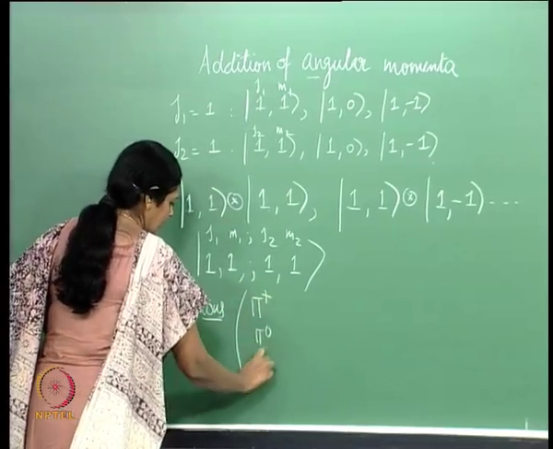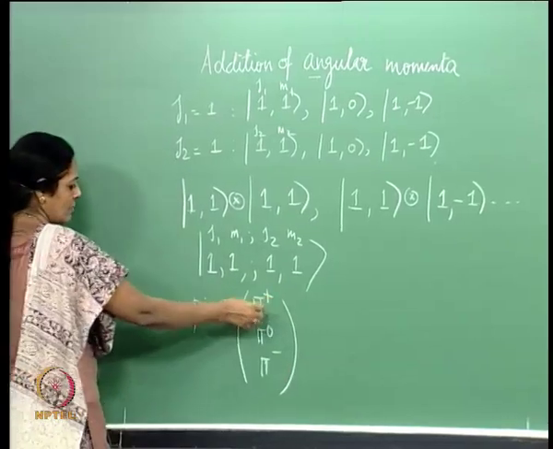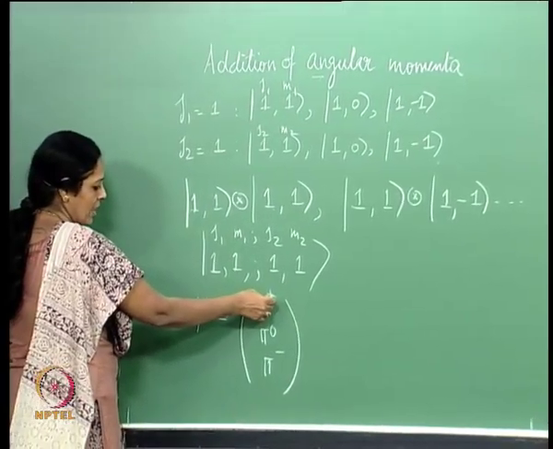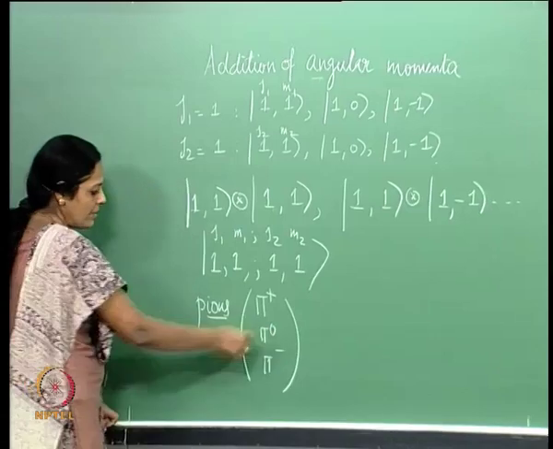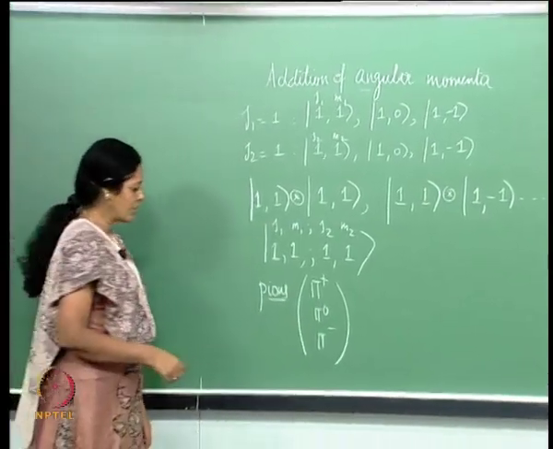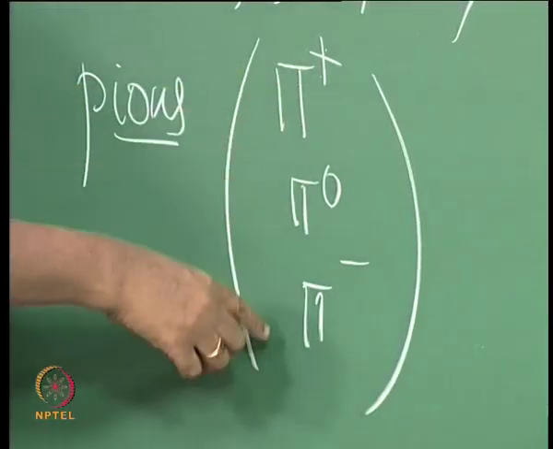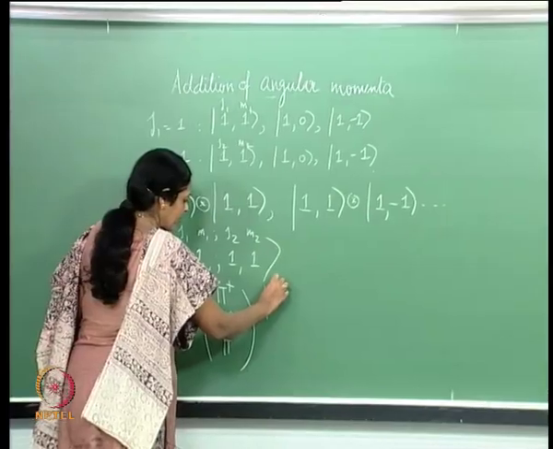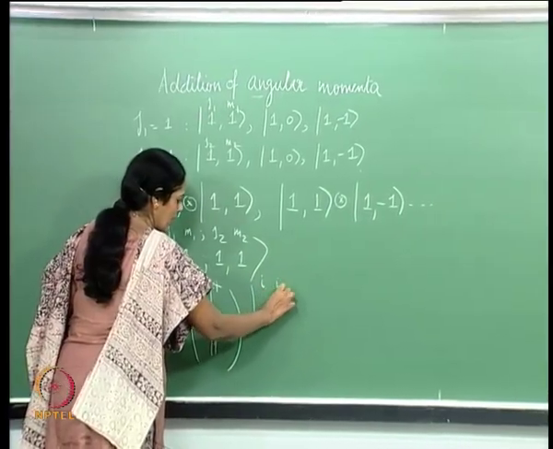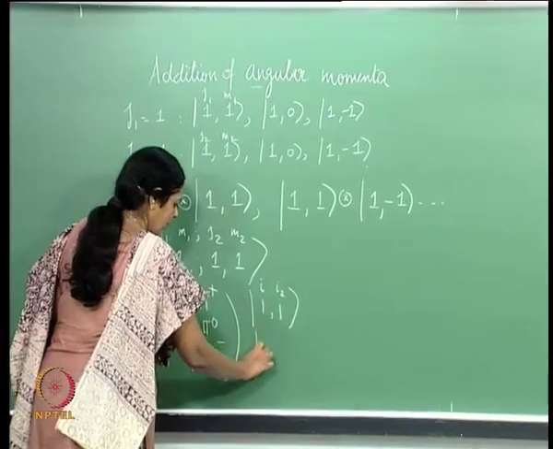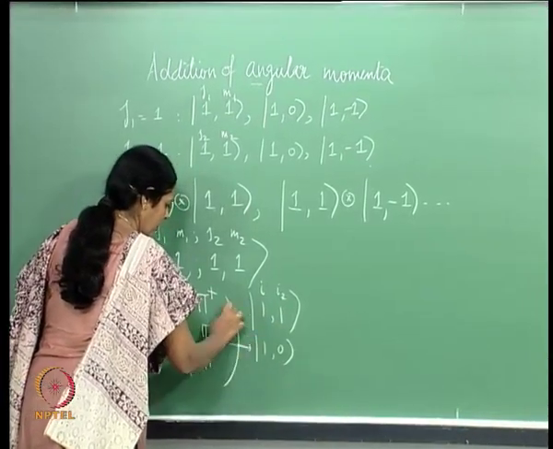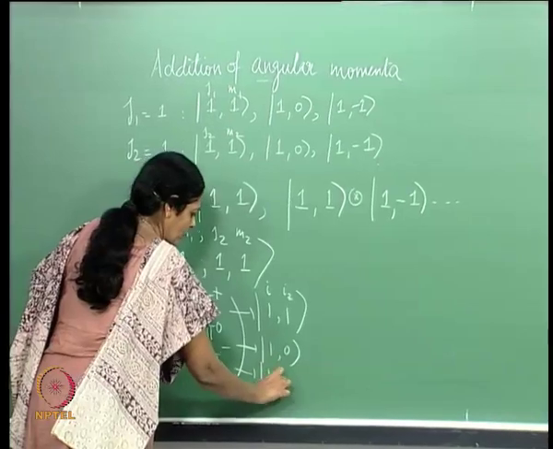There are 3 pions, 2 of them with the charges plus e and minus e and the other with charge 0. It is a neutral pion, these are the charged pions, and these have isospin and Iz values 1 1, 1 0 and 1 minus 1 respectively.